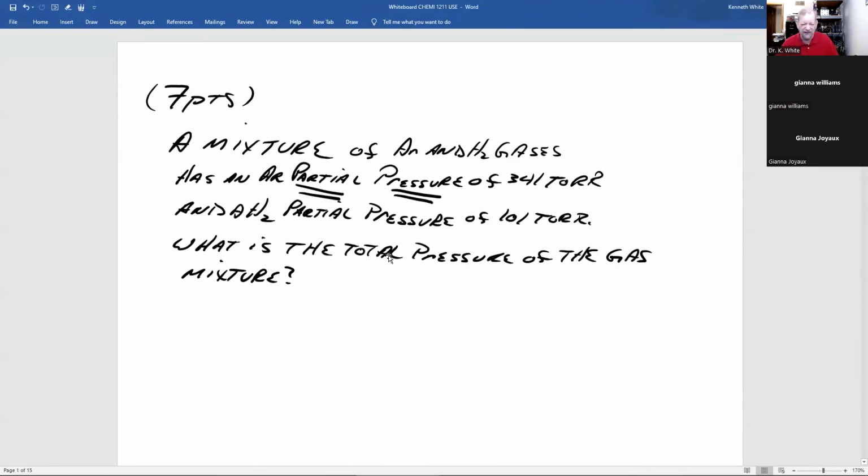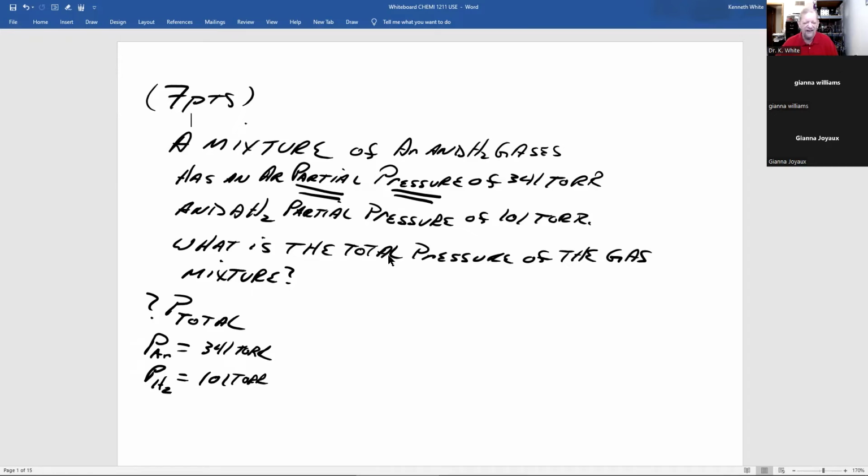So let's do a little figuring out. What are we trying to find? The total pressure, P total. What are we given? The partial pressure of argon is equal to 341 torr. And the partial pressure of hydrogen gas is equal to 101 torr.